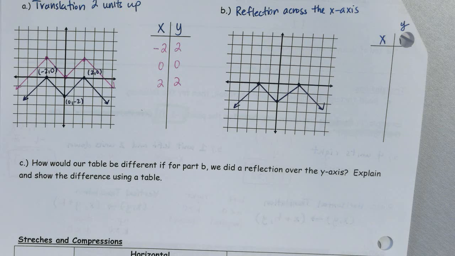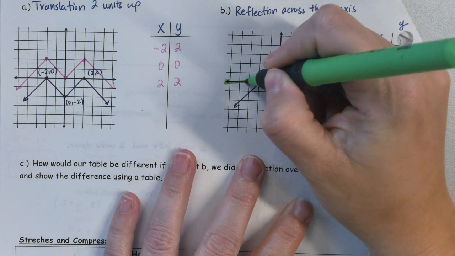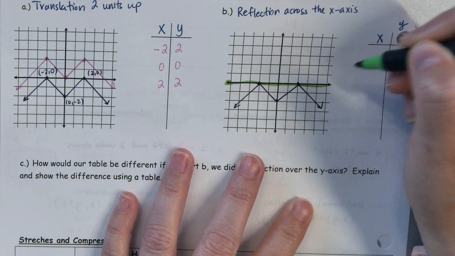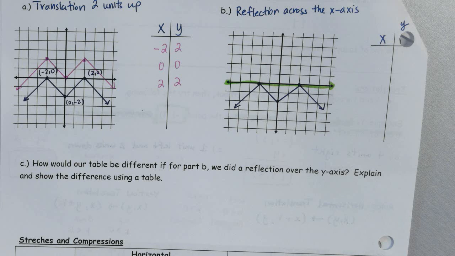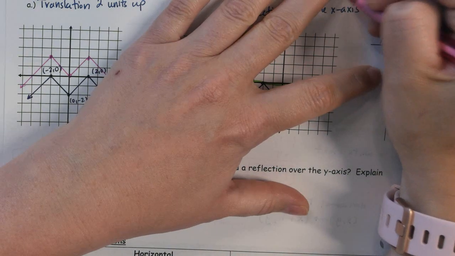And remember, with the reflection, sometimes I like to highlight what the line of reflection is. That just helps me separate them. And if it's a reflection across the x-axis, remember, it's the y-coordinate, that's the opposite.